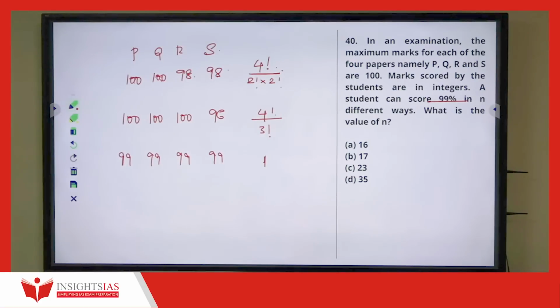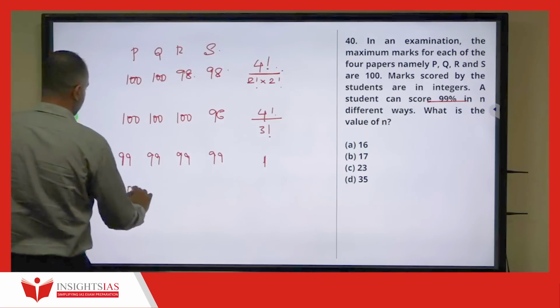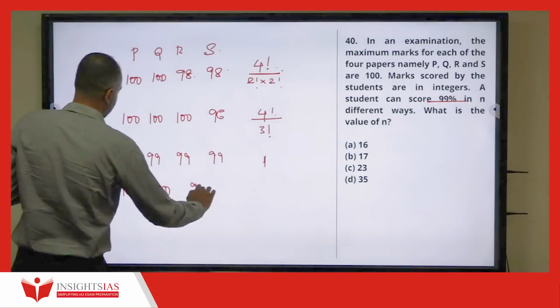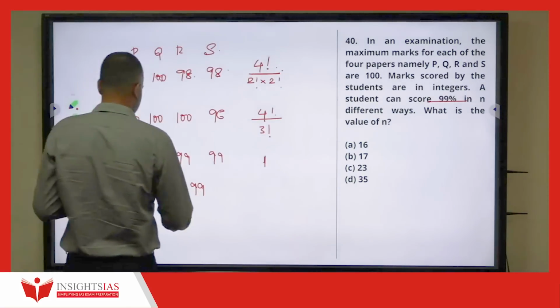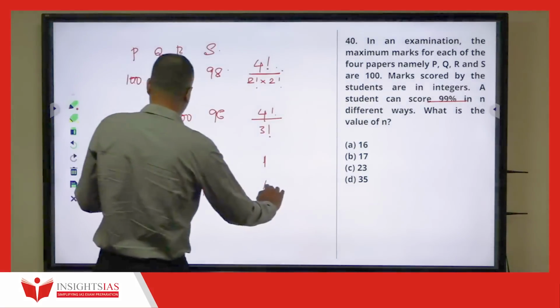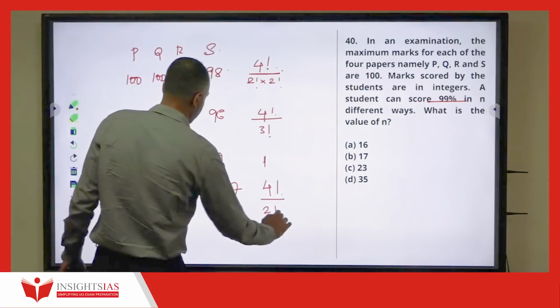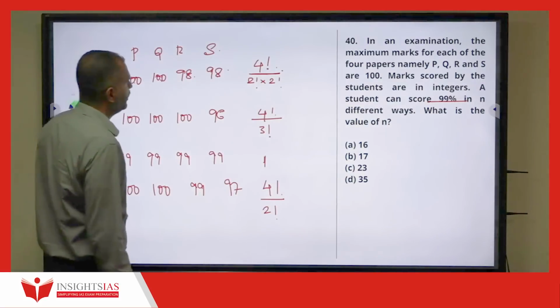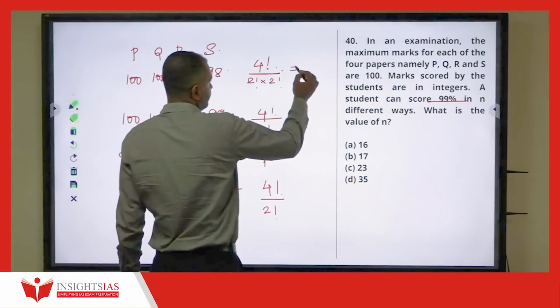Then afterwards, what else? 100, 99, okay, and 97 also. This is also possible. This is 4 factorial by 2 factorial. This is 6 ways.